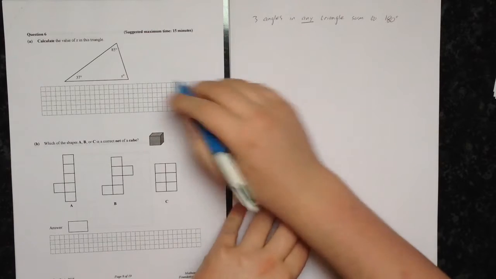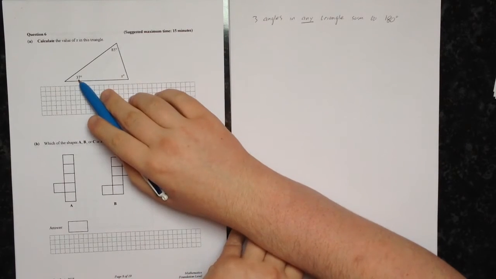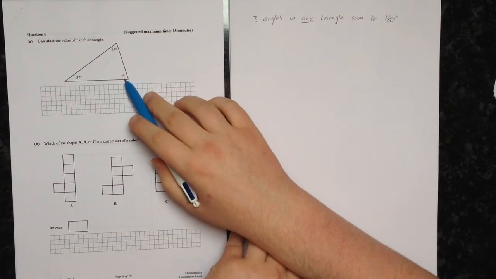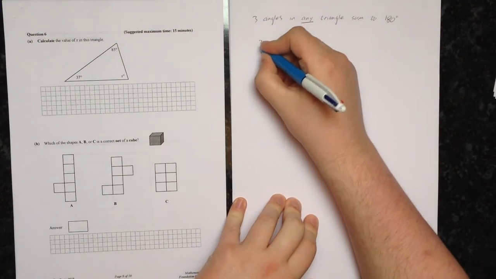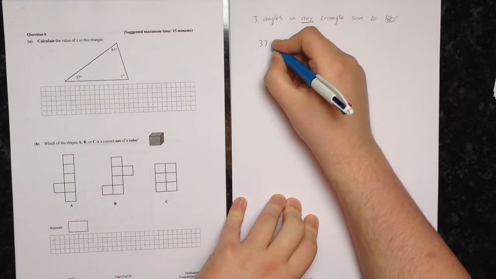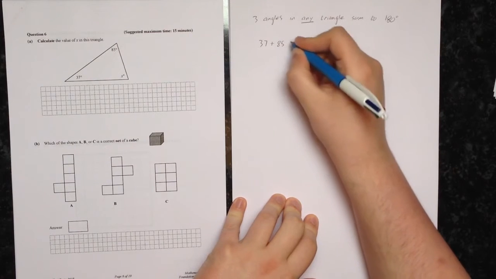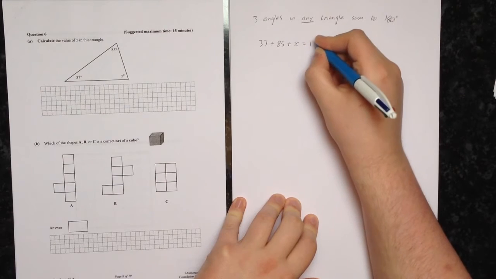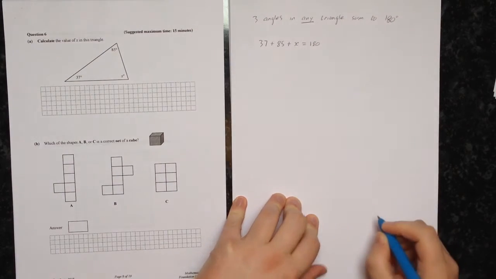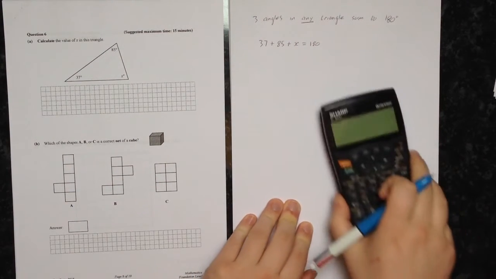So we know that this angle plus this angle plus this angle has to equal 180. So 37 plus 85 plus x has to equal 180.